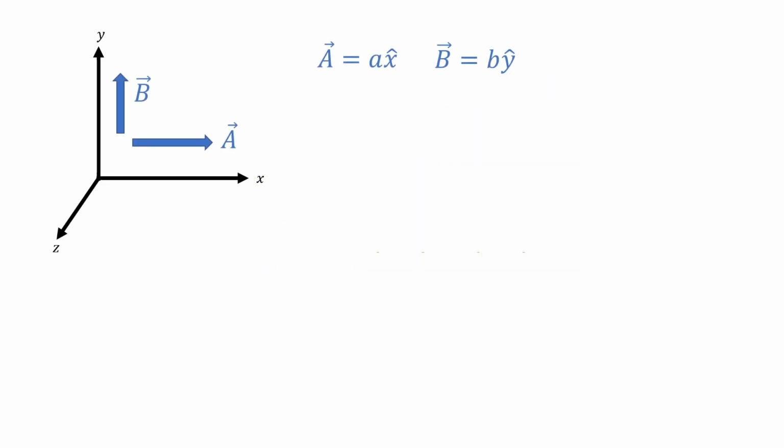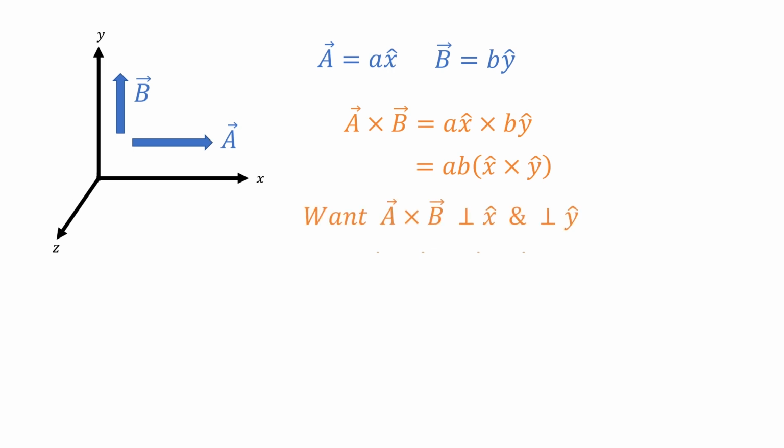Walking through this, vector A crossed with vector B equals A x hat cross B y hat. Their cross product should be in a direction perpendicular to both x hat and y hat. A direction that is perpendicular to both x hat and y hat is z hat.